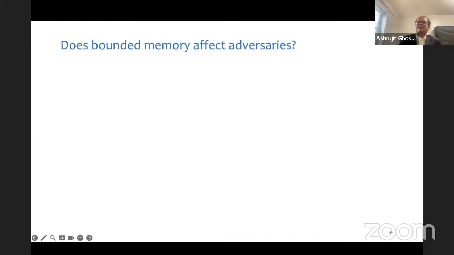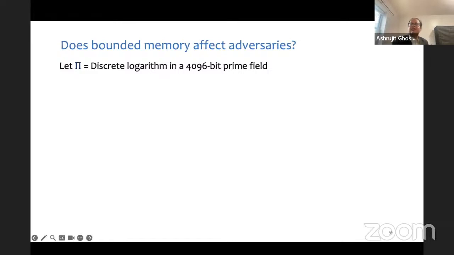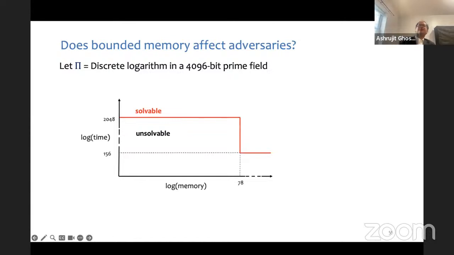The answer is best illustrated by an example. Consider the discrete logarithm problem in prime fields. It's one of the favorite problems for cryptographers. The graph here shows for which time and memory values an adversary is known to solve this problem. So observe that when a lot of memory, like 2^78 bits, becomes available, the fastest known adversary is much faster than one that does not have that much memory.